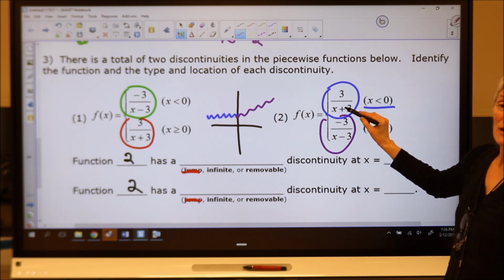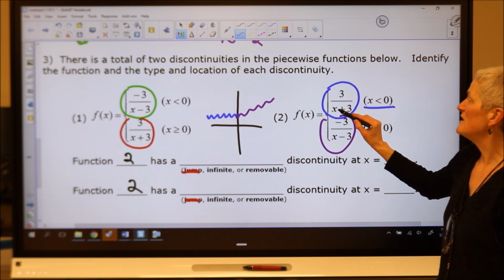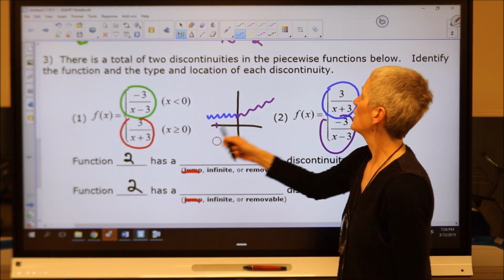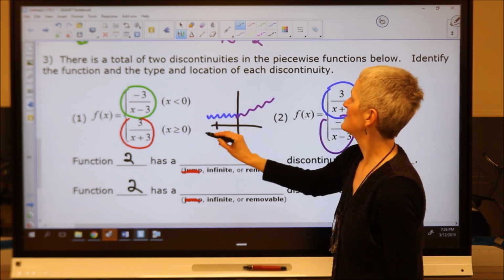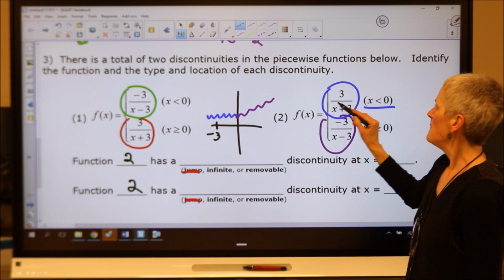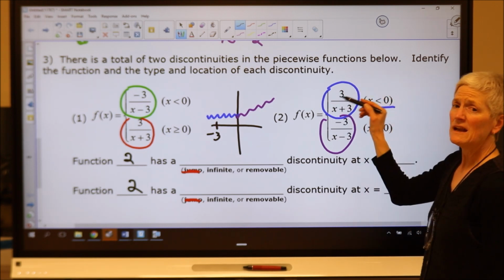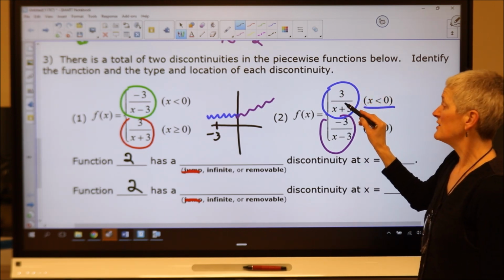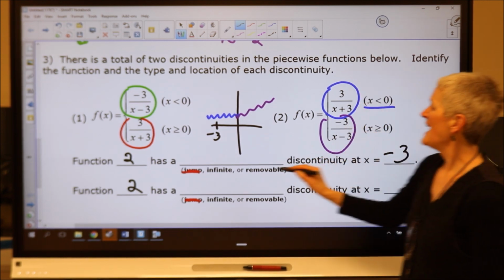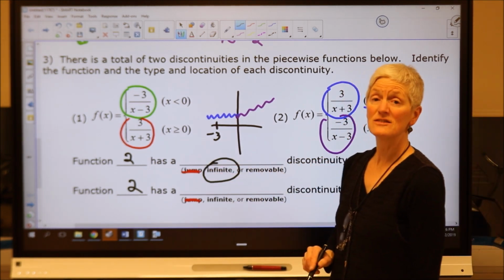This denominator is going to give me 0 when x is -3. When x is -3, I'm on that blue piece. -3 is in this domain. That means I have a problem when x is -3. What kind of problem? I have an infinite discontinuity.